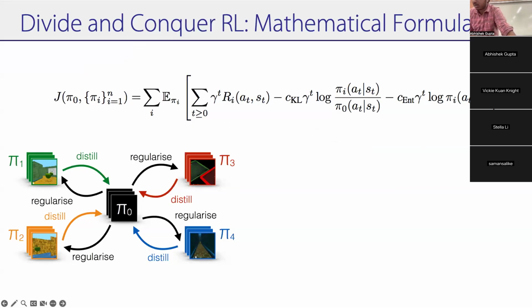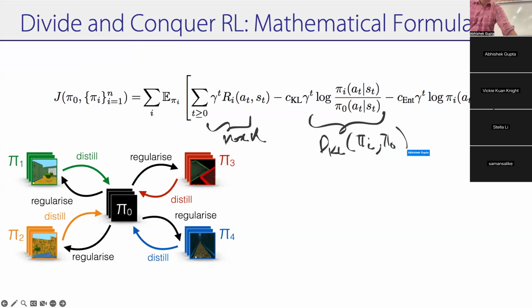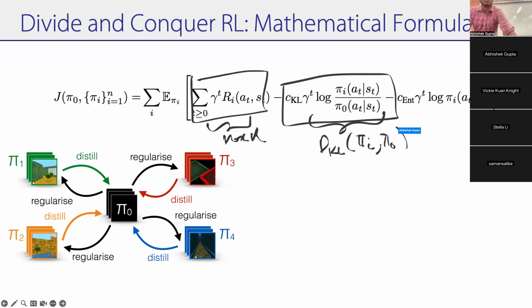You can think of this term as maximizing reward, and this term is minimizing the divergence between pi i and pi naught. So you want to maximize the reward while keeping each of the individual policies as close as possible to the generalist. You don't want it to behave super differently from the generalist.